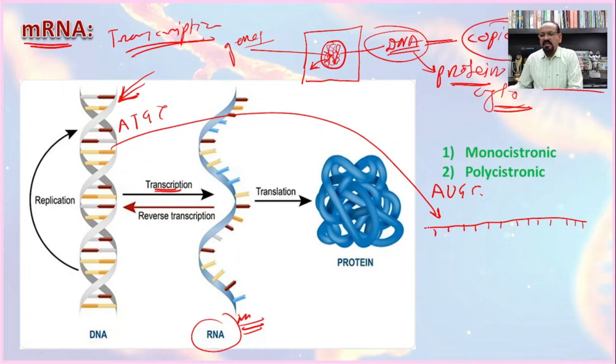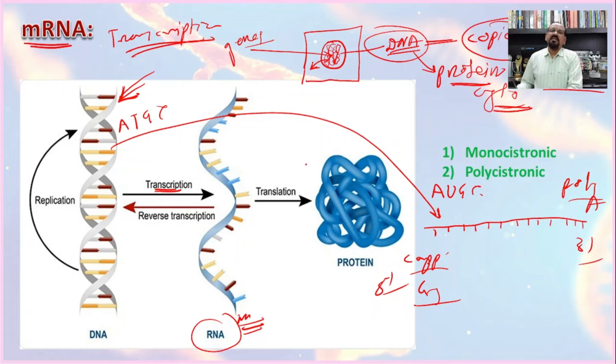Now after synthesis in the eukaryotes there are many changes, that is the capping is carried out at the 5' end with the guanosine and the poly A tail is added to the 3' end.